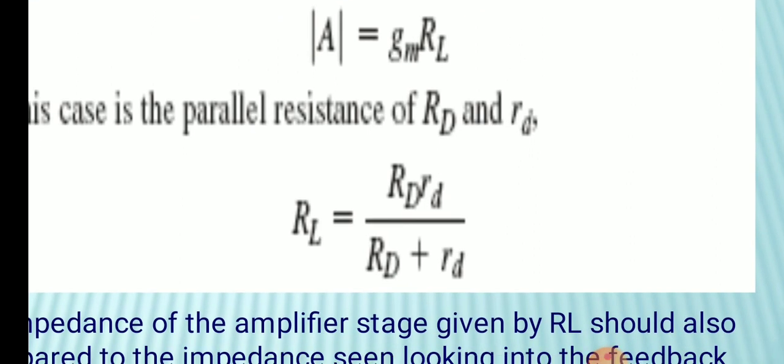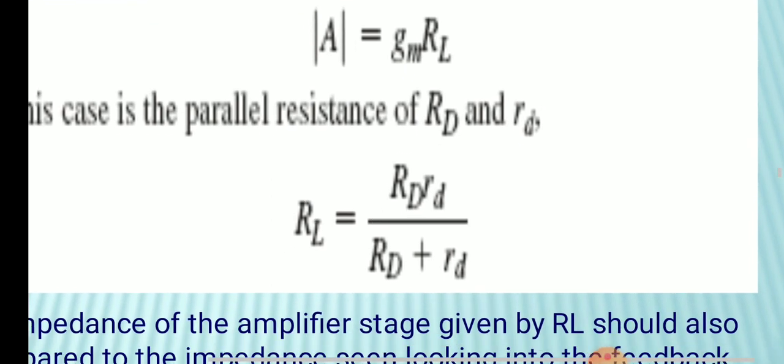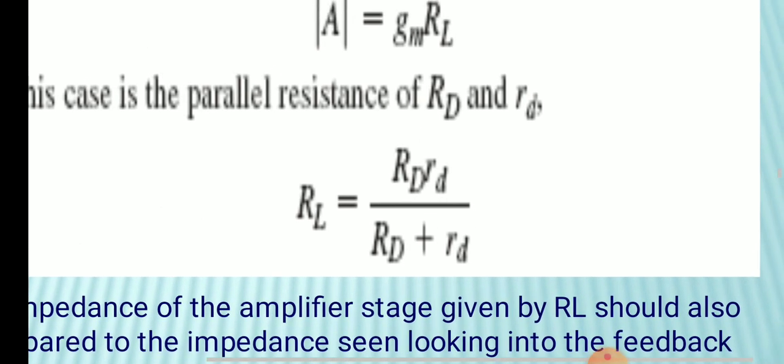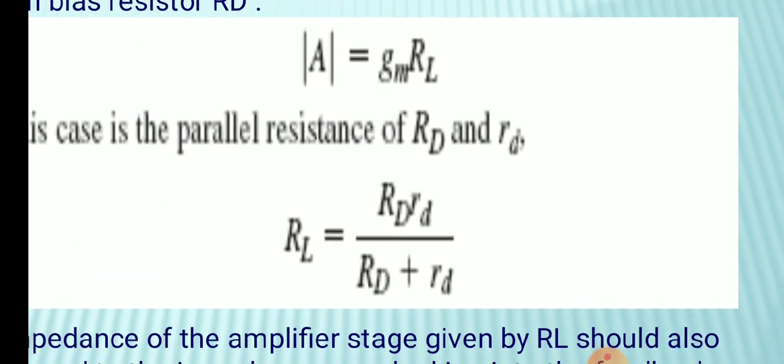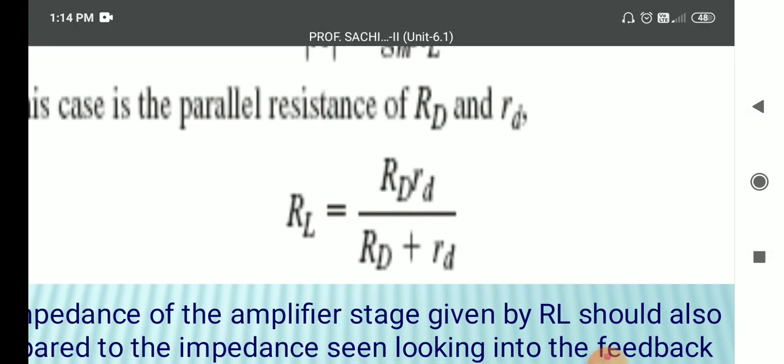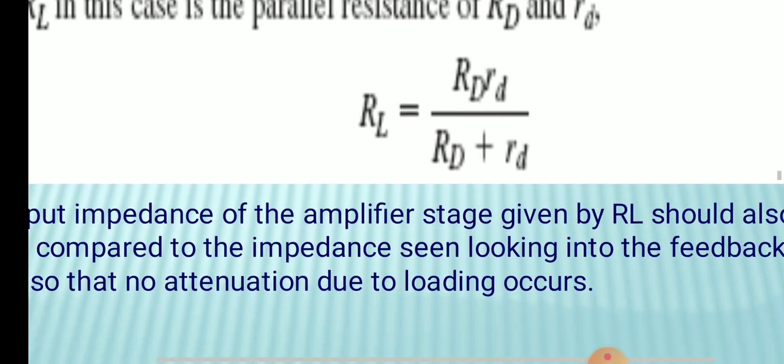Then RL can be calculated as equal to RD into small rd divided by RD plus small rd. Small rd is nothing but the internal output impedance of the FET.